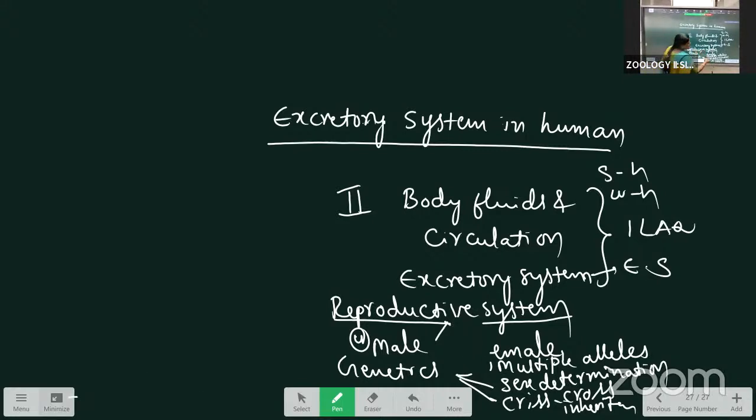And from genetics, among multiple alleles, sex determination, and crisscross inheritance, one will be compulsory. Like this, you prepare for the LAQ.